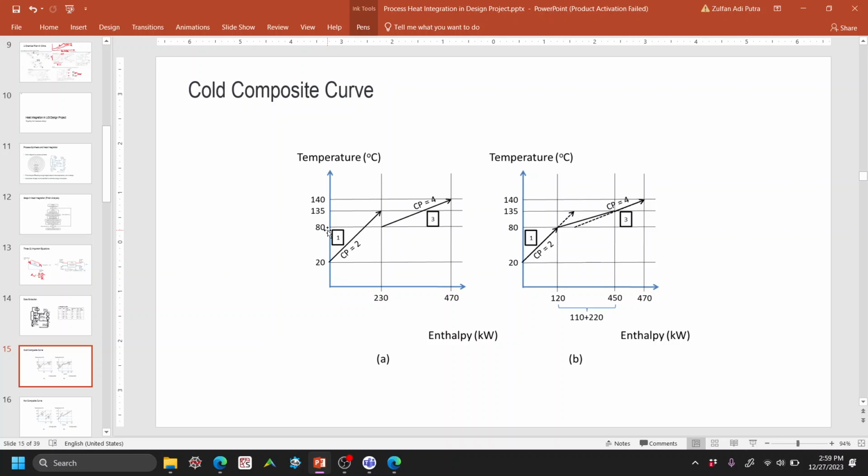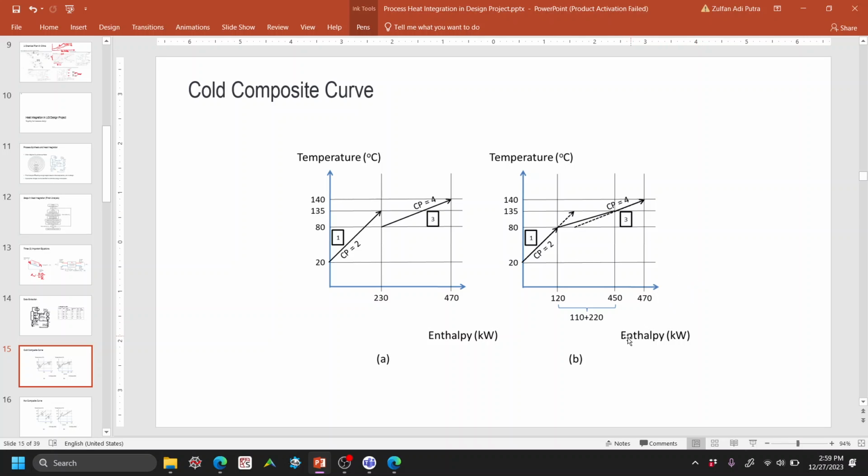But in this interval 80 to 135, we have two streams, stream number 1 and stream number 3. So in this interval we have to sum all of these CPs. So CP 2 plus CP 4, that means we will have 6. Yeah, 6. So this is the sum. This CP is 6, it is MCP. And then lastly from 135 to 140, that's the CP of stream number 3, which is 4.